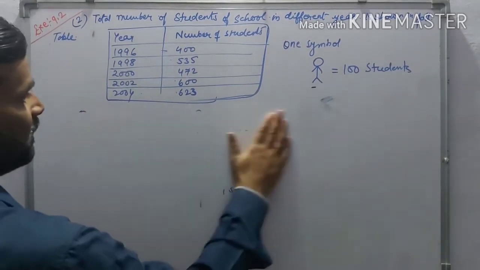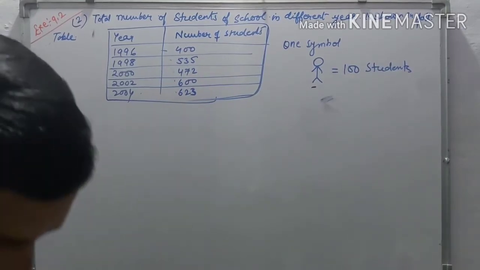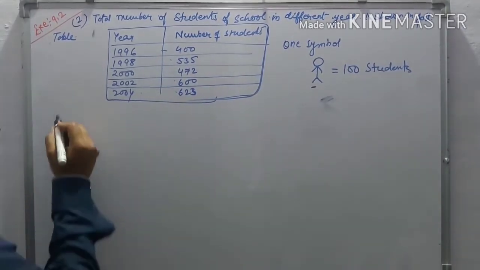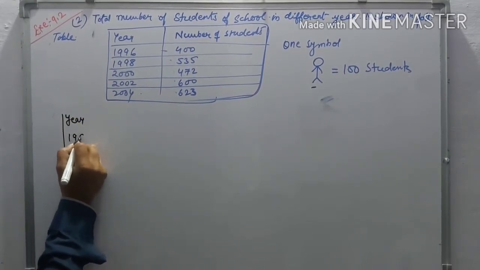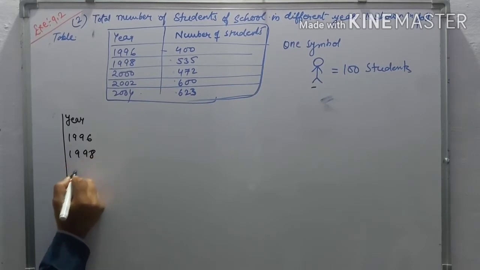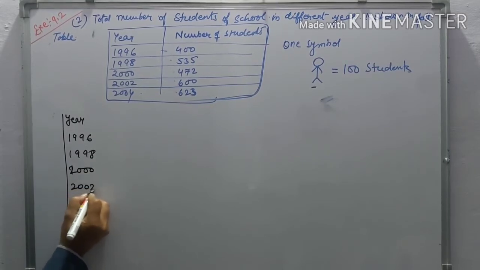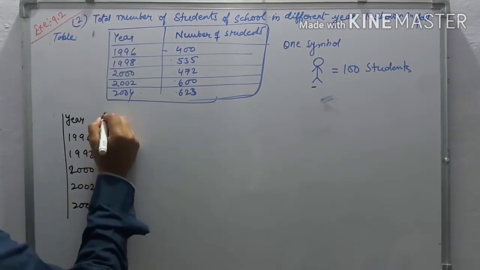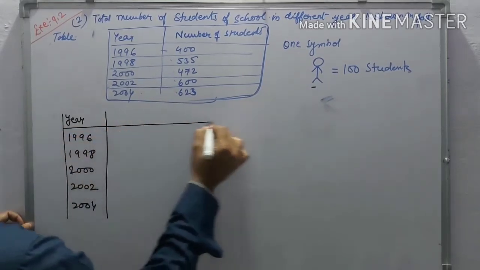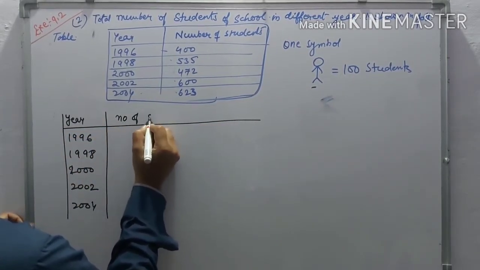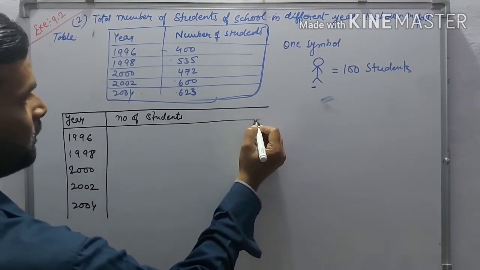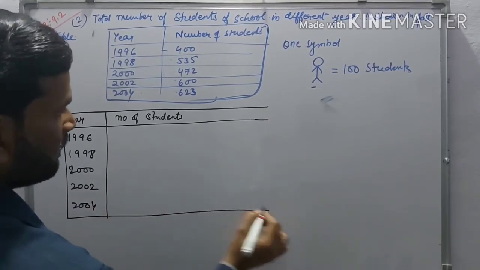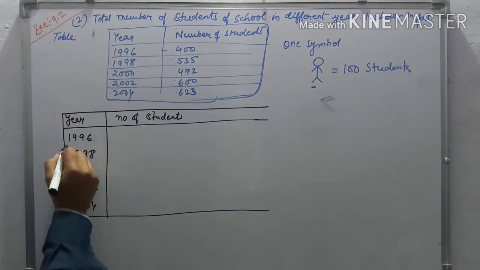Now draw the pictogram. Okay, now you show, first column will be year. Now write 1996, 1998, 2000, 2002, 2004. Okay, second is number of students.